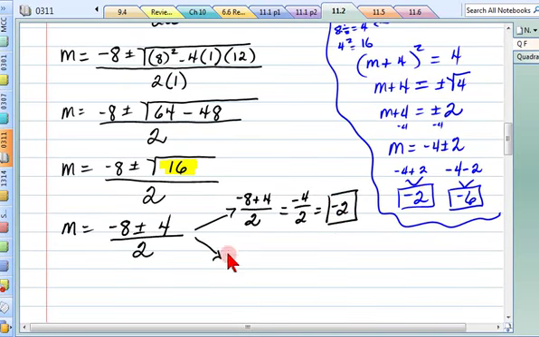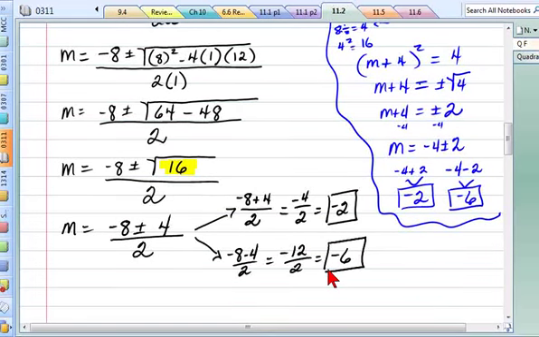The other one is negative 8 minus 4 over 2, which is negative 12 over 2, or negative 6. Now, I just did this problem 3 times. And did I get the same two answers all 3 times? Yes.